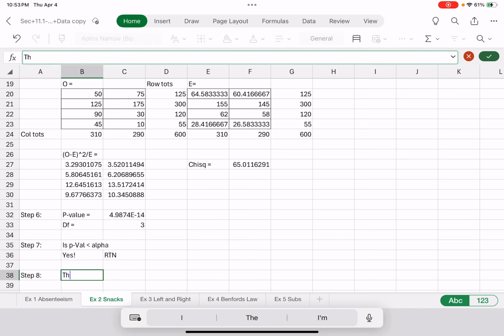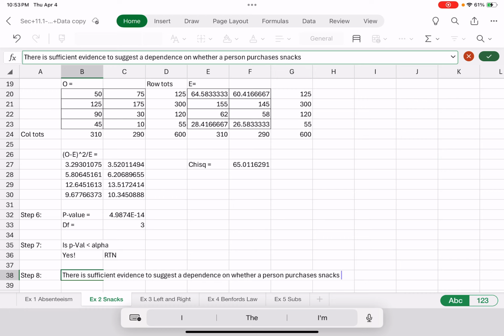So what we're going to say is that there is sufficient evidence to suggest a dependence on whether a person purchases snacks and the movie they see.